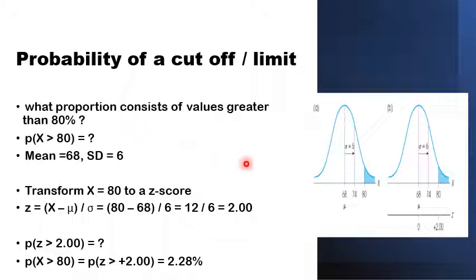The probability is very low indeed, because we know that within 2 standard deviations from the mean, above and below, 95% of the marks would be somewhere here. So on the two sides, about 2.5% here and 2.5% on the other side.